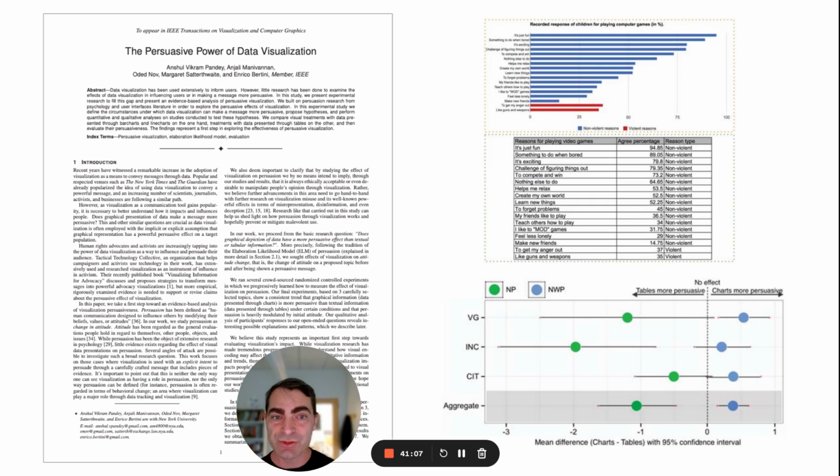And yes, it turns out that under certain conditions, especially when people don't really have a very strong attitude towards the specific topic that you're covering with your visualization and with your data, they may be more strongly persuaded when they see a graph rather than a table.